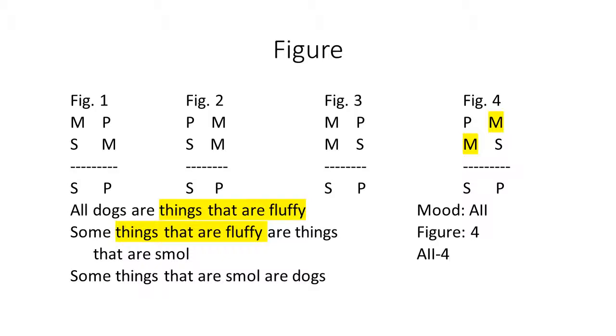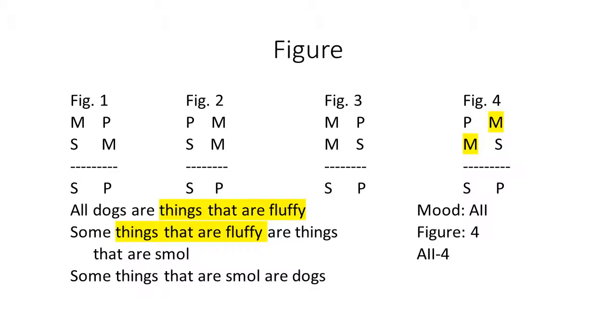In the first slot in our first premise, we have P, the predicate of our conclusion, that is the major term. In our second premise, we have M and then S, the middle term, and then the subject of the conclusion, that is the minor term. And then in our conclusion, we have SP.